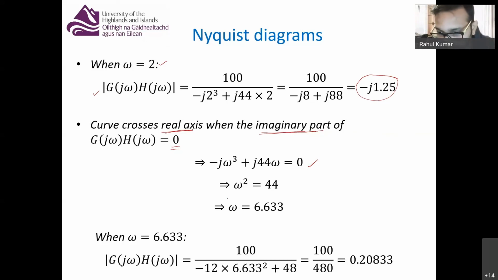Again, from this we find the value of omega, or the frequency, substitute it in the open loop transfer function, and calculate the magnitude. So we get the magnitude as 0.208 and the frequency is 6.63 radians per second.